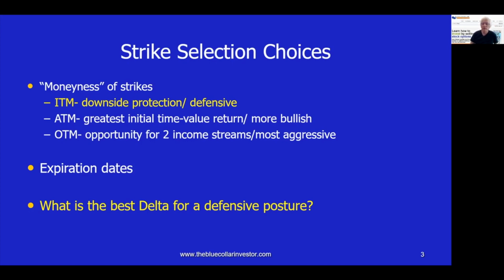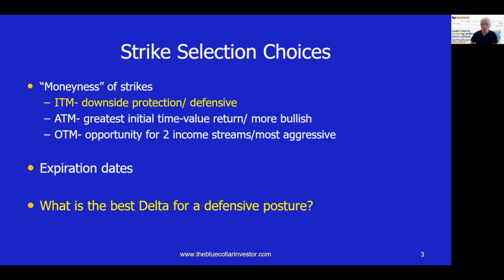Now, we also have to decide on what expiration dates to use. I favor monthly options, but I do have some of my portfolios where I trade weekly options as well. I try to stay away from longer term options so I can constantly reevaluate my bullish assumptions on the underlying securities.